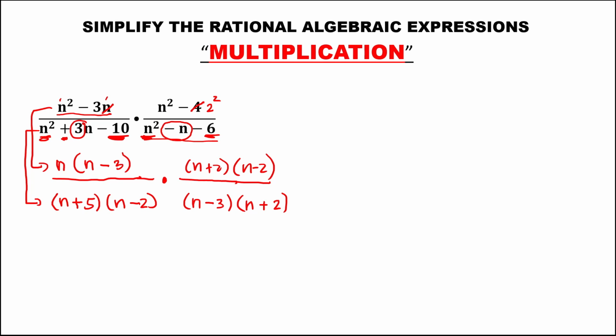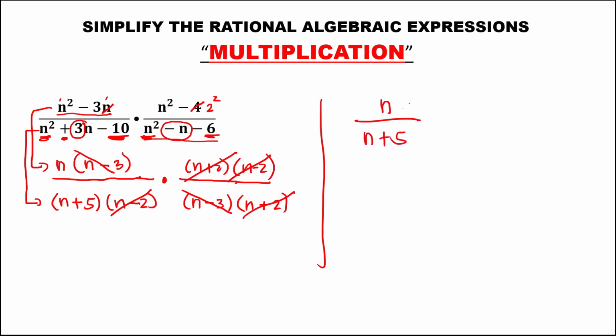Then we can eliminate now like terms or common terms. So n minus 3 and n minus 3, and also n minus 2 and n minus 2. We also have n plus 2 and n plus 2. So the remaining is n over n plus 5.